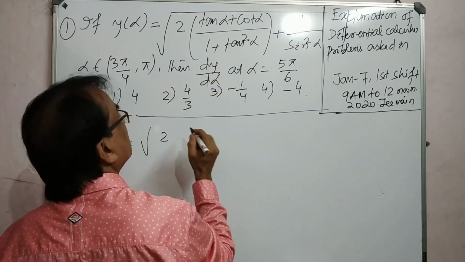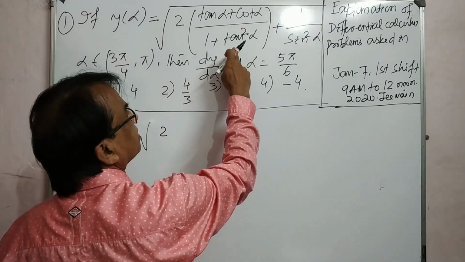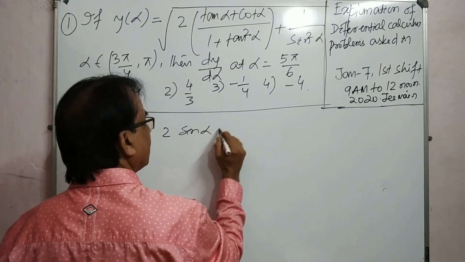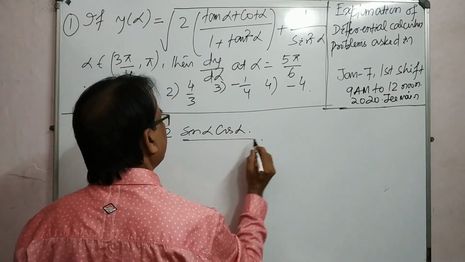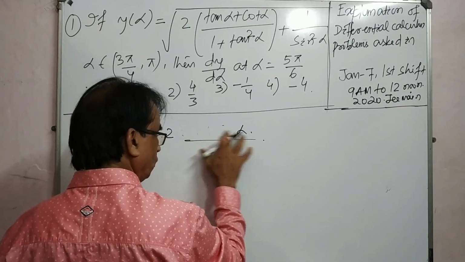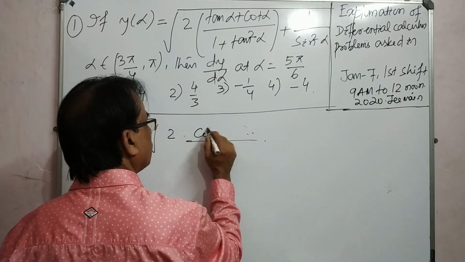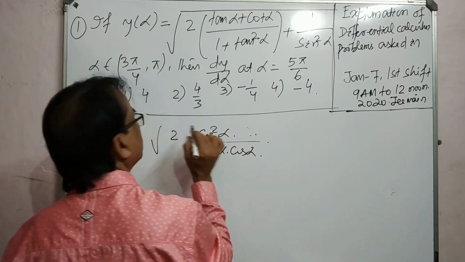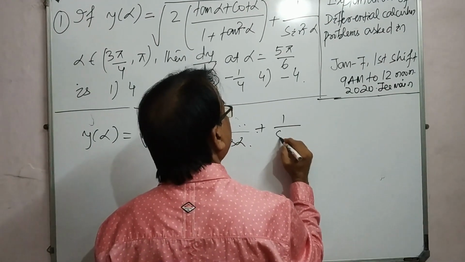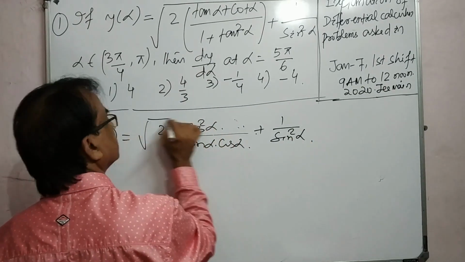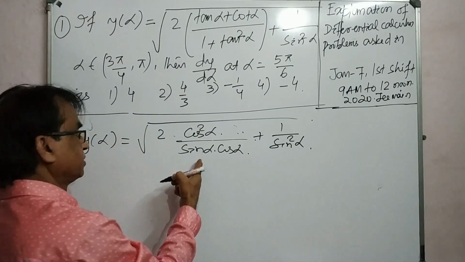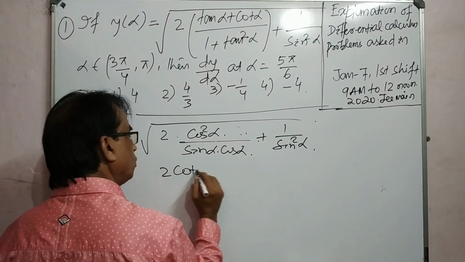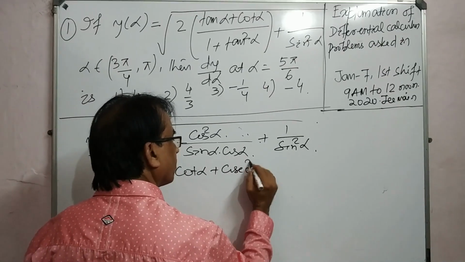And here, if you go for sine square alpha by cos square alpha, we are getting 2 sine alpha cos alpha by 2 cos square alpha into sine alpha into cos alpha plus 1 by sine square alpha. If you convert this one, you are getting here cos alpha cancels, 2 cot alpha cos square alpha.